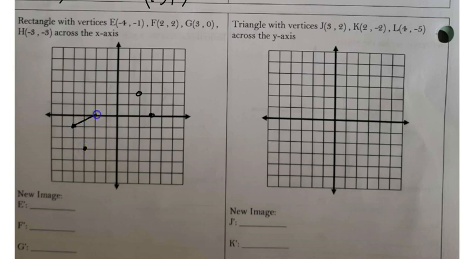Okay? So here is my original rectangle. So E, F, G, H. And it says across the x-axis. So I like to draw in the x-axis like so, with some other color.